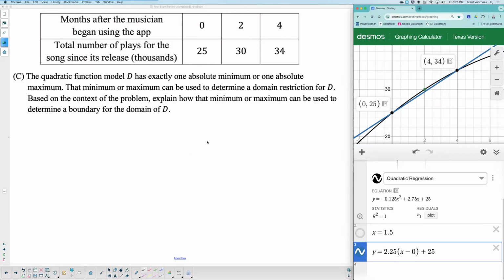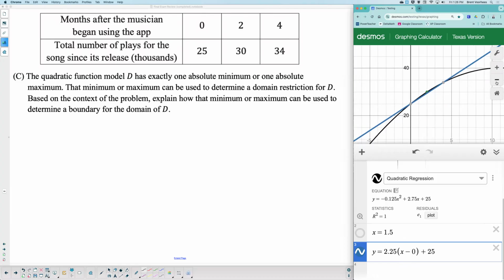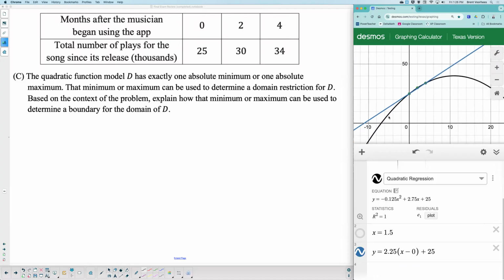Okay, finally, this says the quadratic function D has exactly one absolute minimum or one absolute maximum. The minimum or maximum can be used to determine a domain restriction for D based on the context of the problem. Explain how that minimum or maximum can be used to determine a boundary for the domain of D. What does this graph have, a maximum or a minimum?